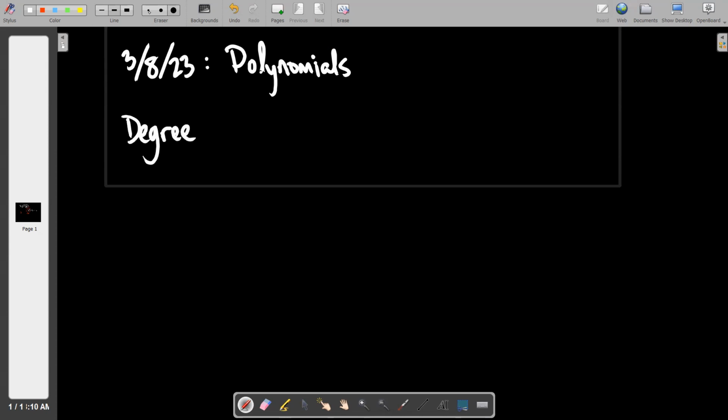And the degree is a fancy way of looking for the highest variable exponent. So if a polynomial doesn't have any variables at all, we say it has a degree of 0.